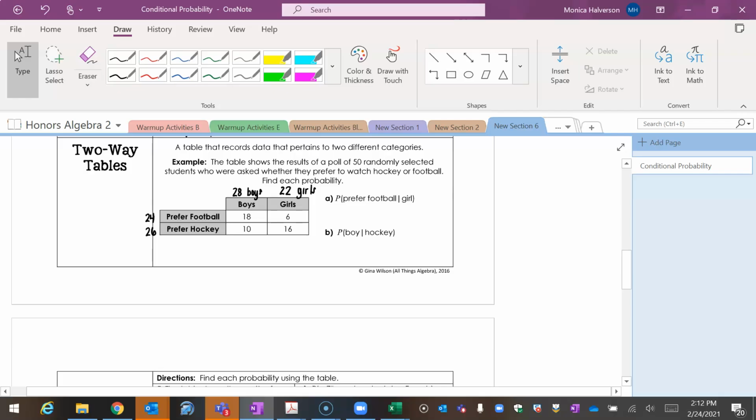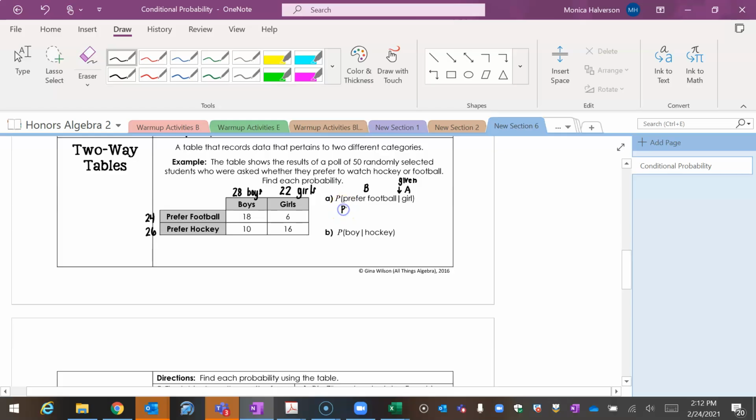So the question is, what is the probability that they prefer football given they're a girl? This means given. Okay? So we need to recognize that prefer football is B and girl is A.